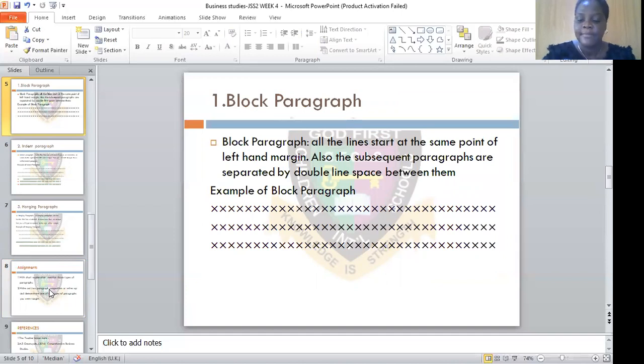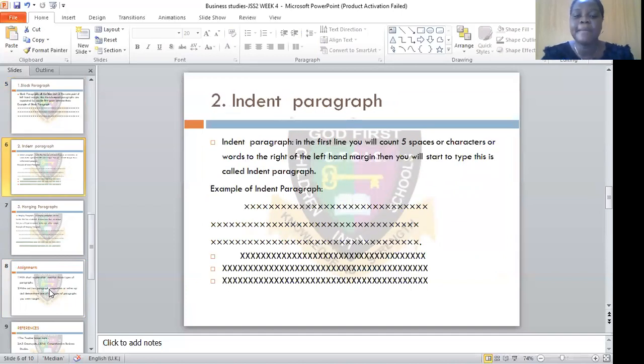Then in indent paragraph, you leave on the first line 5 spaces to the right hand margin, and when you press enter to come back to the second line, it will start from the left hand margin, and you continue to type subsequent lines on that paragraph.